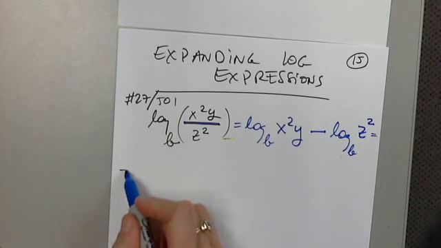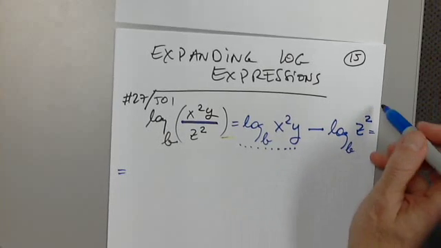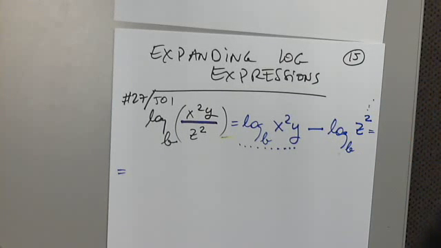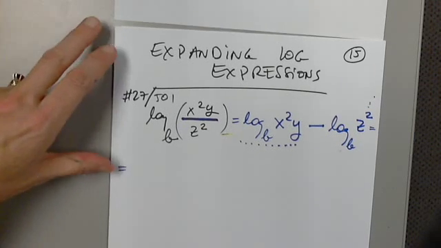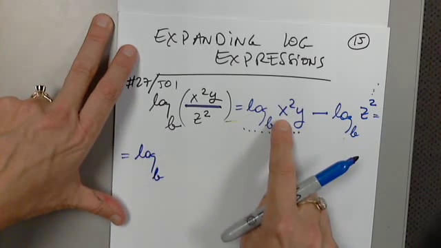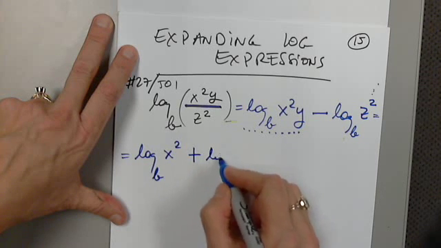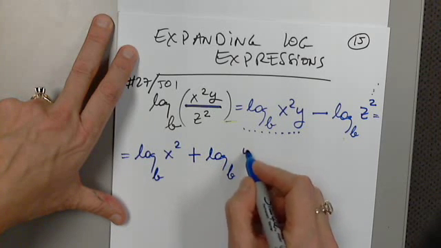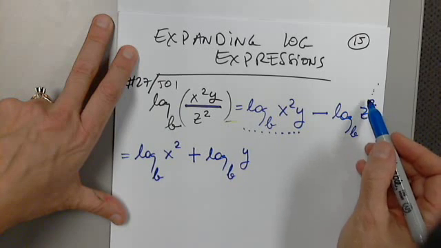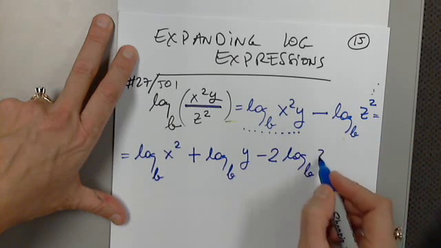So we're done with the quotient, but now I have this, which is a product, and I have this, which is a power. So what do I replace log base b of x squared y by? Log base b of x squared, and then plus log base b of y, and then I'll bring the 2 in front, minus 2 log base b of z.